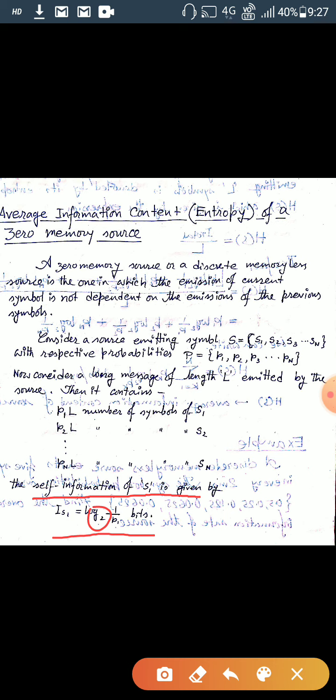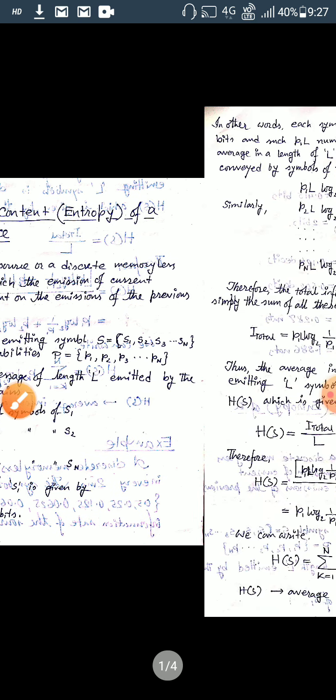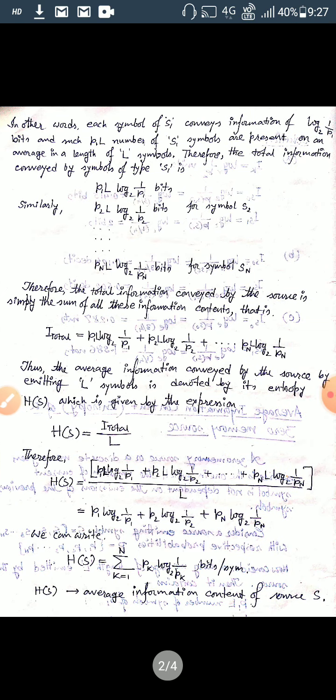If we consider another base r, the unit will be different. Same way, for I2 it will be log base 2 of 1 by P2.